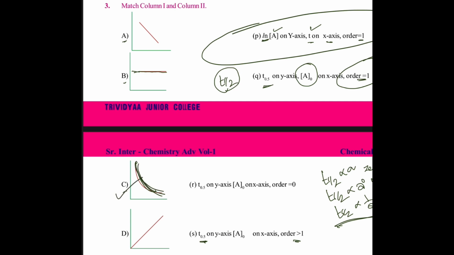Correct? And directly proportional to A is zero order. So this is this one, and this is this one. Correct? Simple matching.